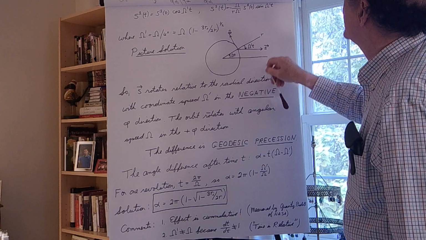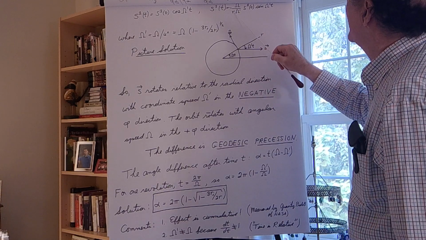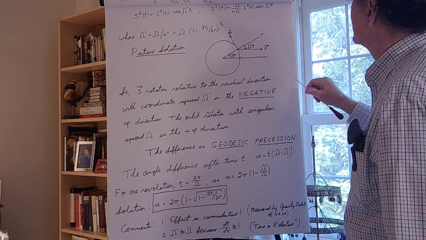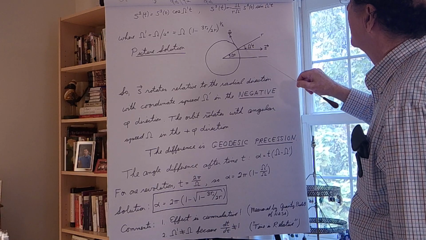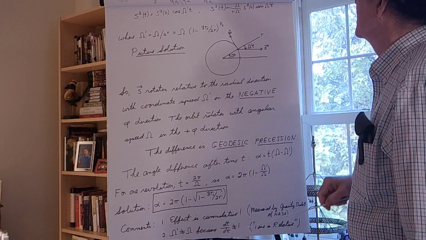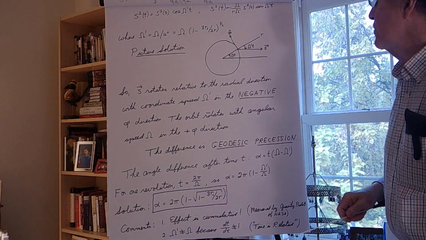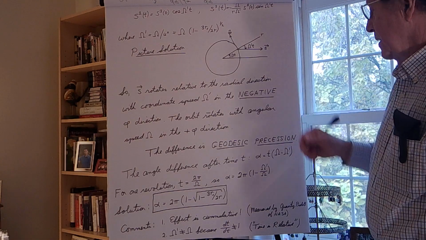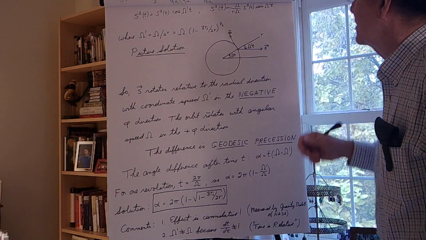The projection of S in the phi direction is negative sine, so it's back in this direction. So it's sweeping in the omega prime direction like that. And there's my solution, and we're done.